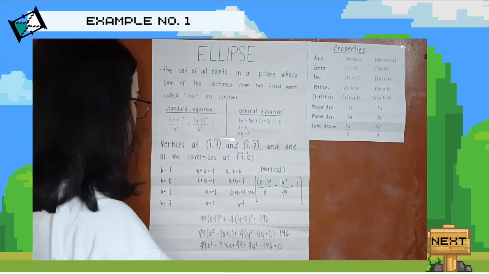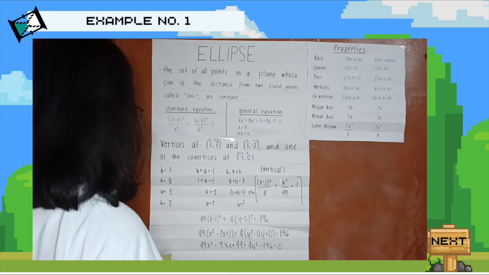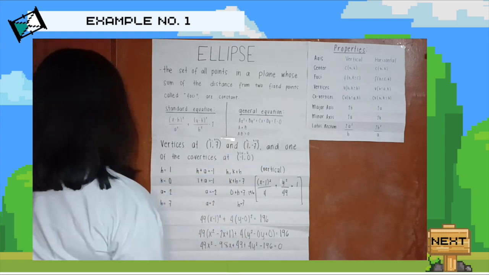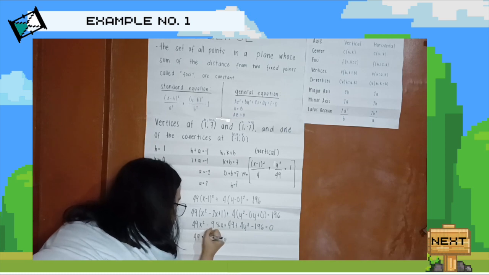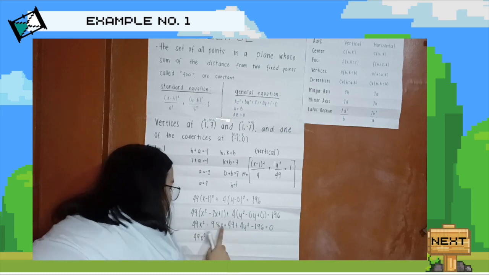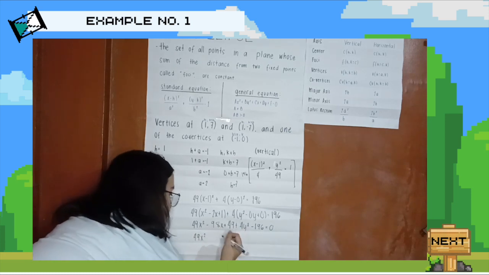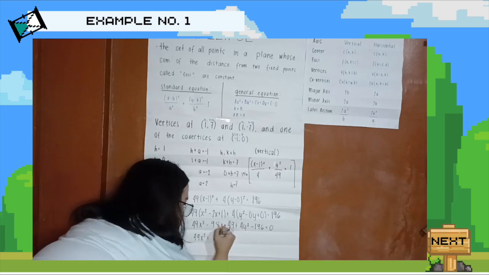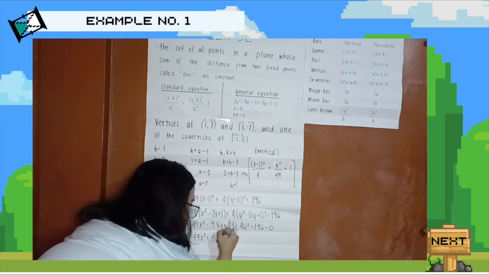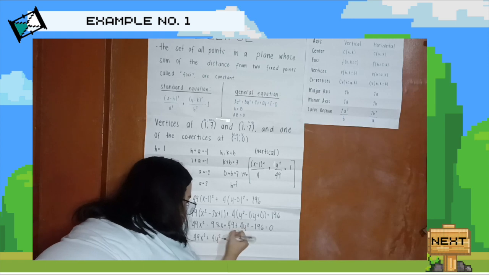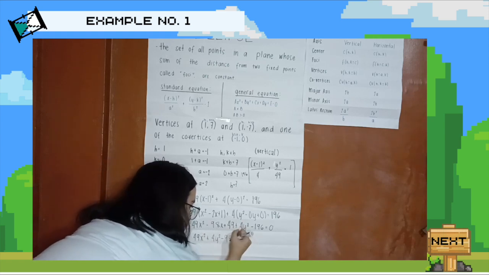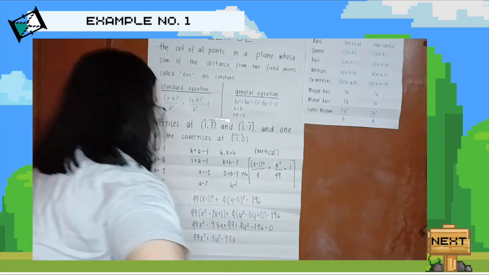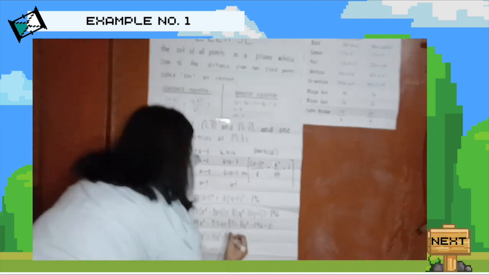And after that, we need to combine like terms by referring to the general equation. So 49x squared plus 4y squared minus 98x minus 0y.